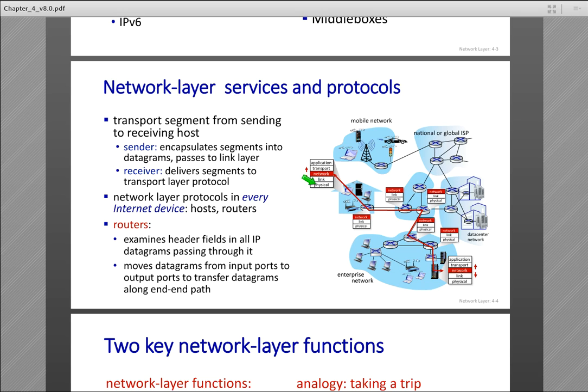As we know, and as you can see in this picture, the network layer is present in all the devices along the path: in the source, in the destination, and also in the routers in different networks along the path.